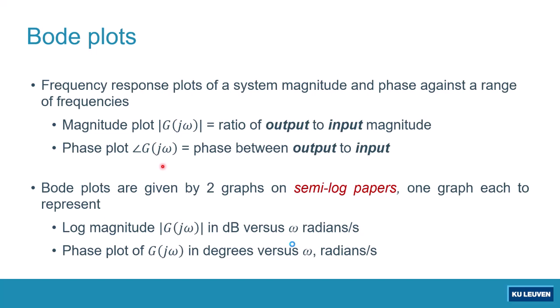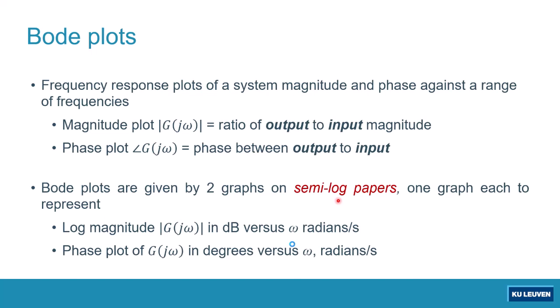The magnitude plot normally is presented in dB scale, while the domain, the frequency, is typically shown in logarithmic scale. That's why we normally use semi-log paper, while the phase plot is presented in linear scale as usual, but we still use frequency in logarithmic scale for the horizontal axis.